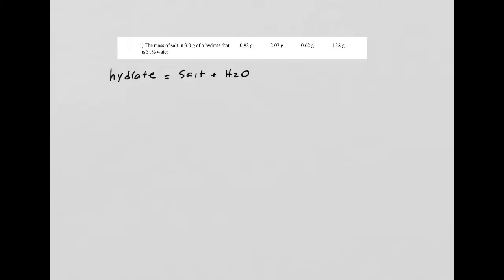Now, if they give you the percentage of water, again, percentage is a gram percentage, right? So that means grams of H2O over the grams of the hydrate times 100, that's going to give me 31%.